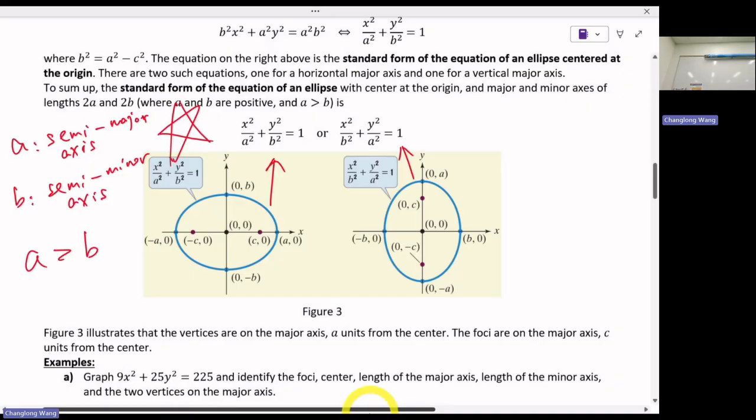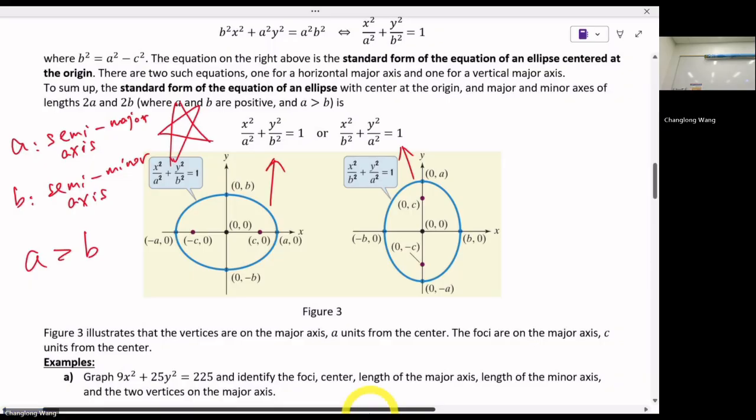For a horizontal ellipse, the two endpoints of the minor axis are on the y-axis, located at 0, comma plus or minus b. The two foci are at c units to the left or to the right from the center, therefore at plus or minus c, comma 0.